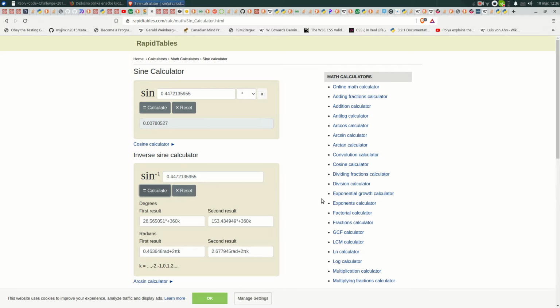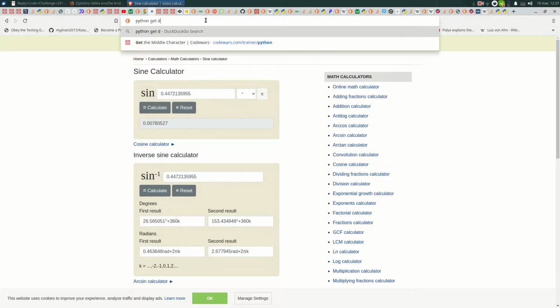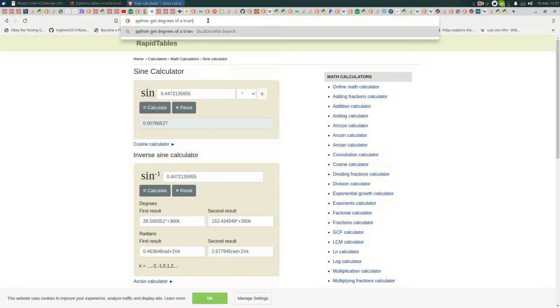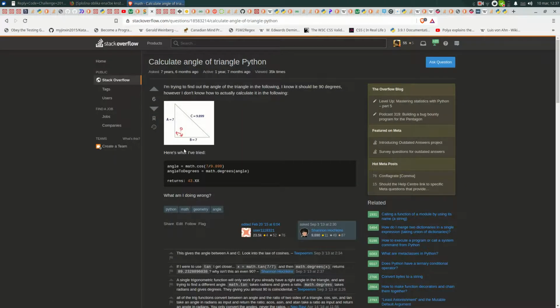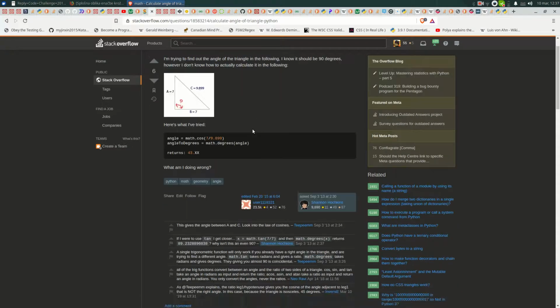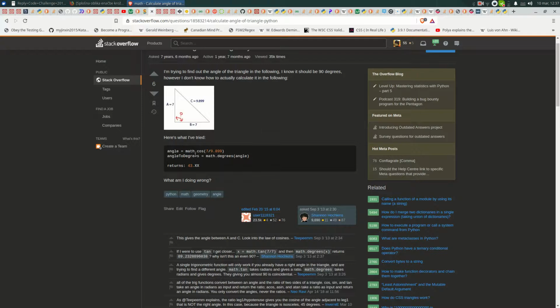Yeah, so then we have to figure out how to get degrees in code. So we say Python get degrees of a triangle. Math degrees.